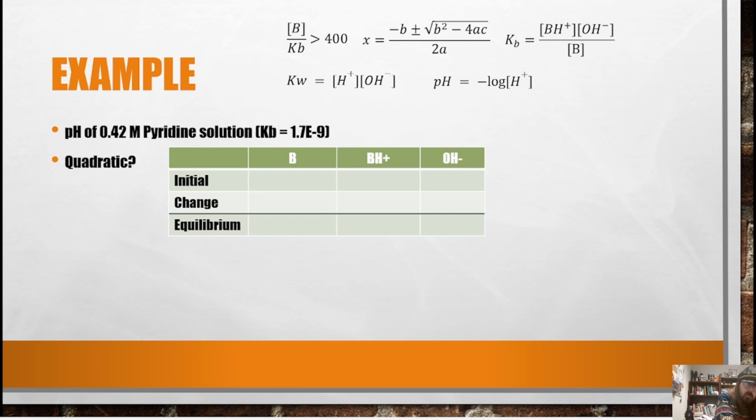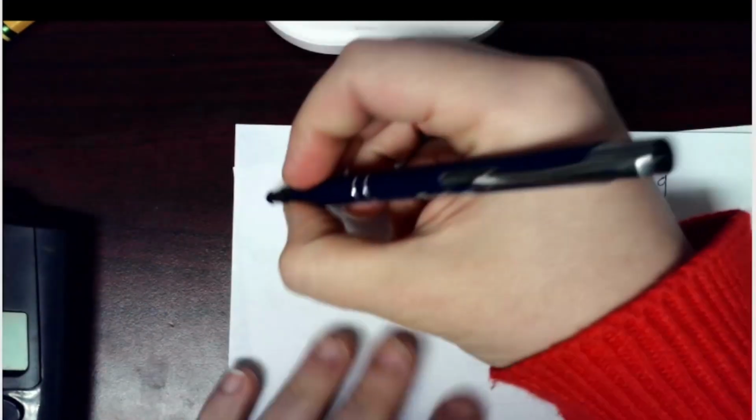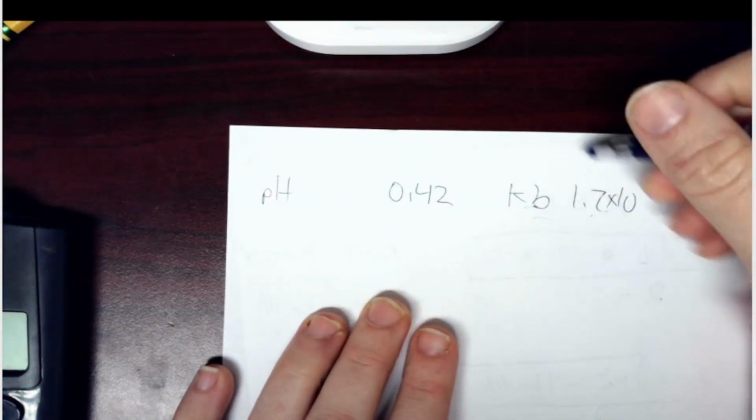We want the pH of a base that has a KB of 1.7 times 10 to the negative 9. How do we know it's a base? I've given you a KB value. That is probably the easiest way to figure out, oh, I should probably do it as a base. You may not recognize the term pyridine, but the KB says it's a base.